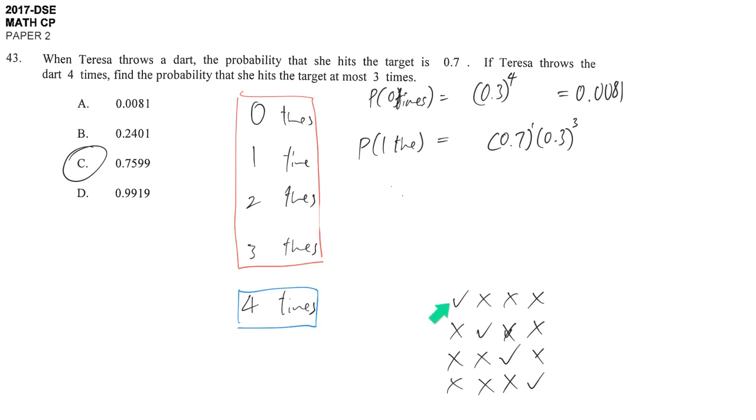So we have in total 4 orders. It seems like we are arranging the position for the tick. So among 4 we choose 1. This is 4C1. We get 0.0756.